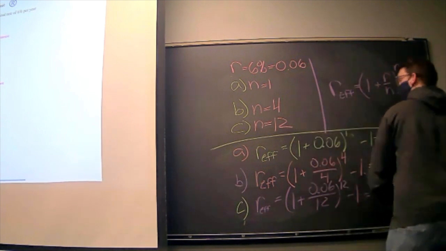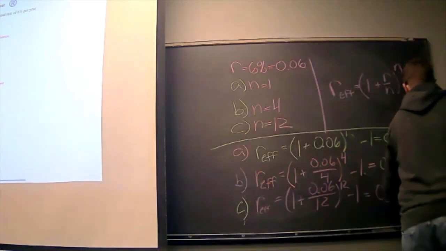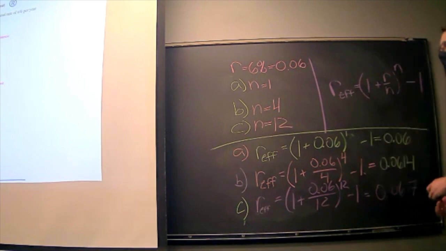That's going to come out to be 0.62, oh no, 1.17. So the question here is, what is this effective rate? What does that represent?